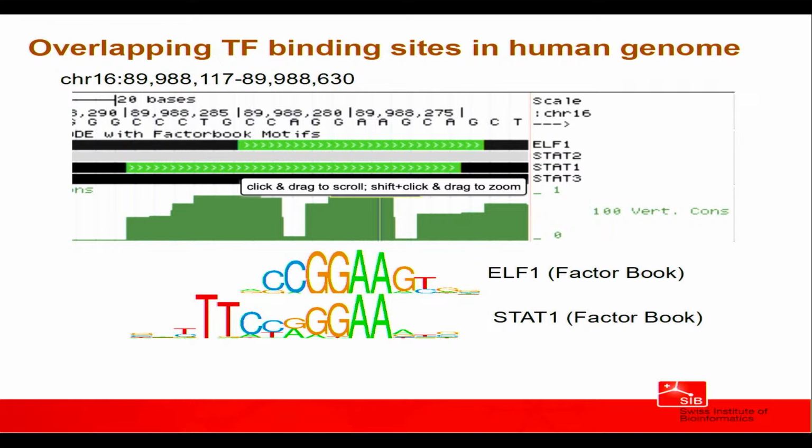And below you see the DNA motifs that are recognized by the two transcription factors, and you see that they partly overlap. And if you look carefully at the upper sequence, then you will see that this is kind of the optimal compromise that combines these two motifs. So it exists. Whether they do something, of course, we don't know.